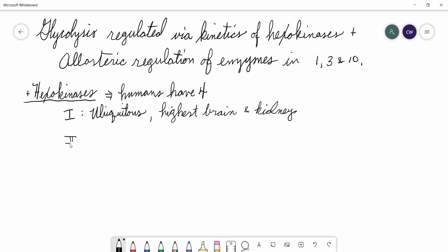Hexokinase 2 is principally found in insulin responsive tissues.